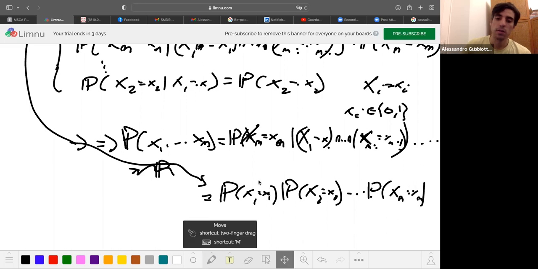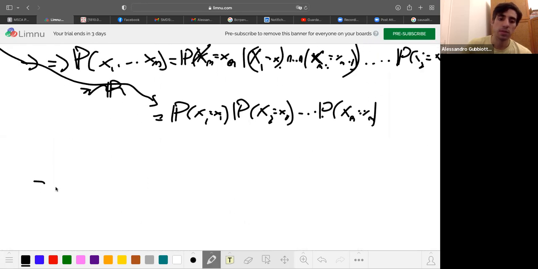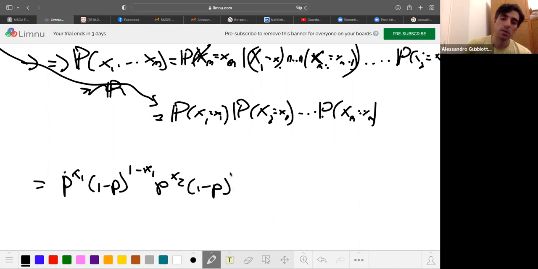Which is equal. We use now the hypothesis on the coin: p to the power x1 times 1 minus p to the power 1 minus x1, times p to the power x2 times 1 minus p to the power 1 minus x2, times p to the power xn times 1 minus p to the power 1 minus xn.